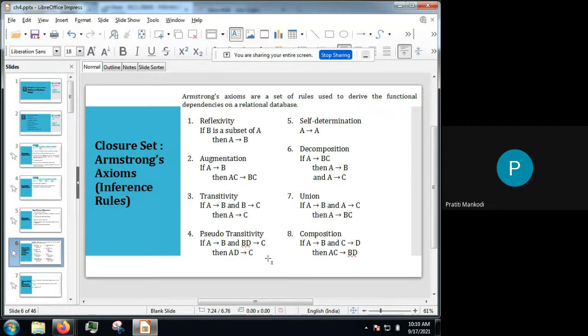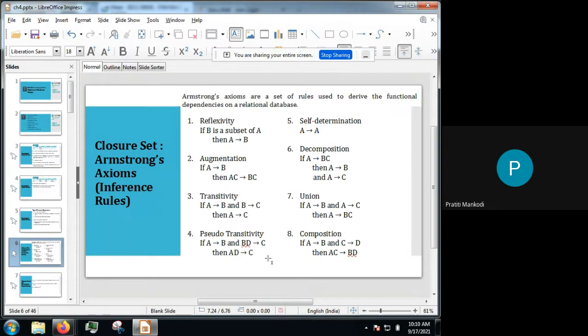You have been told these are the functional dependencies in your table, but with the help of those given dependencies, you can derive a few more dependencies which will give you more idea about the key and non-key attributes, and that's why we derive the new FDs. That process of deriving new FDs from the current set of FDs is called closure of functional dependency. And how to find the closure with the help of these axioms.